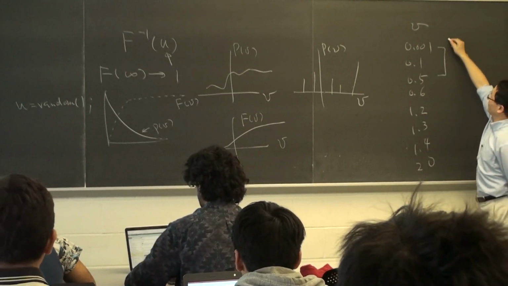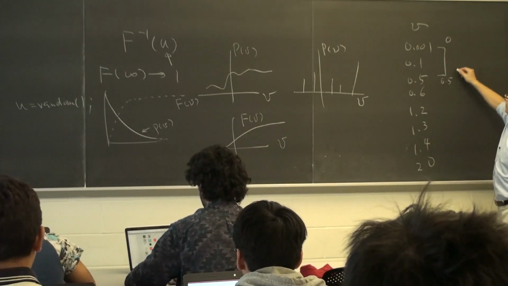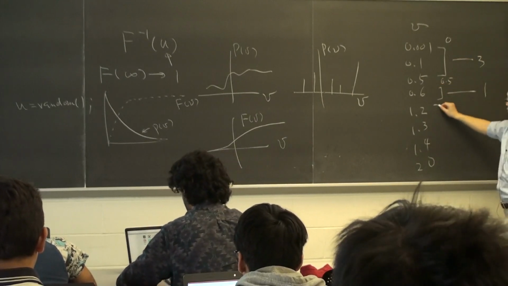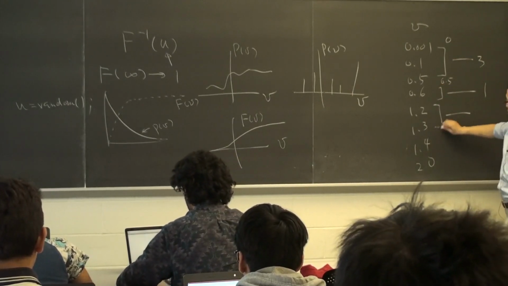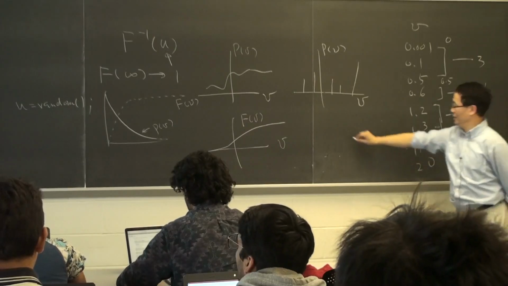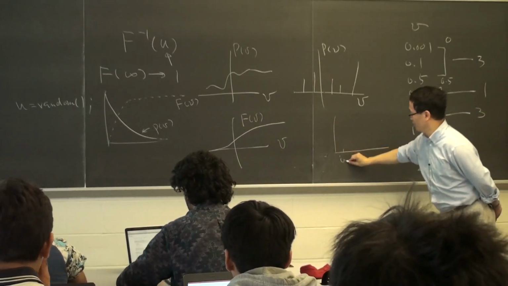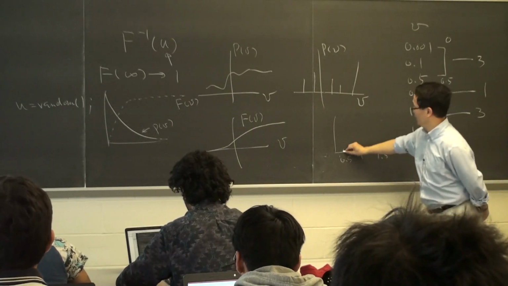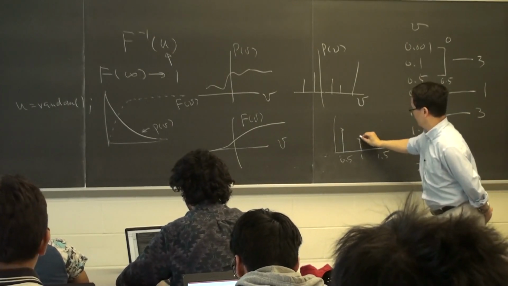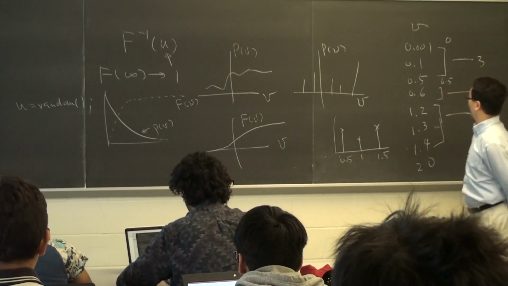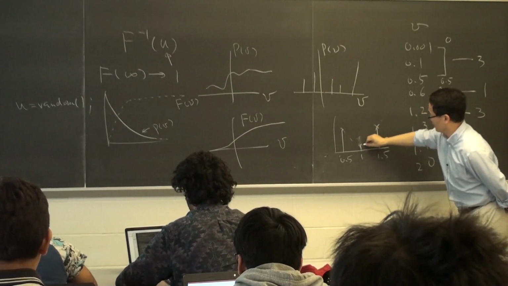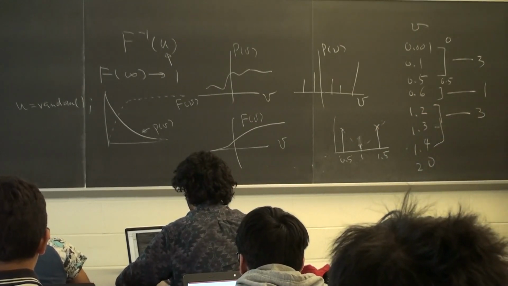The first bin from 0 to 0.5 is 3, the second bin is 1, the third bin is 3. And this is how you plot your 0.5, 1, 1.5: 3, 2, 3, 3, 1, 3. So this is the approximate PDF.